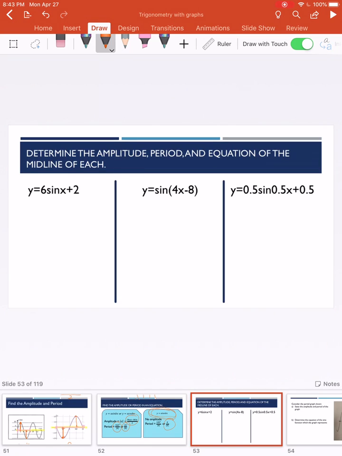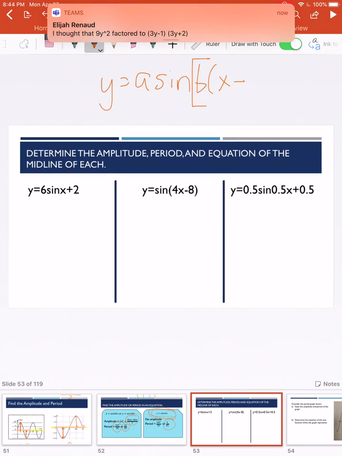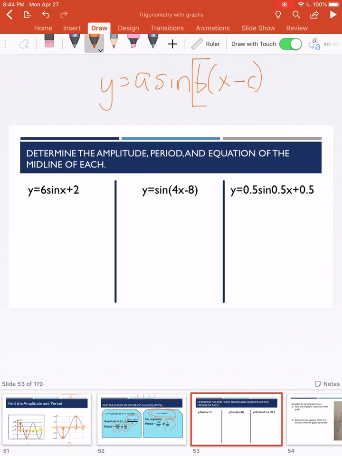Now let's use the equation, and I'm going to write it out here. Again, this is on your formula sheet. Let's see if we can find the amplitude, period, and equation of the midline. So we're going to introduce the midline as well.